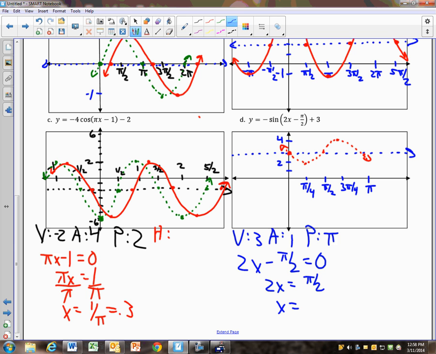Pi over 2 divided by 2 is pi over 4. Pi over 4 is exactly 1 tick mark. Take all of your spots, move them over 1 tick mark. And done.